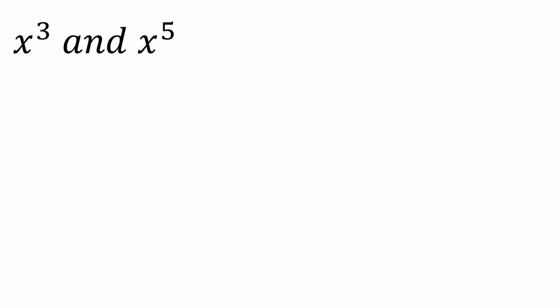Okay, now, what if we have these expressions? How do we get the GCF of this? First, we're going to expand each expression. Now, we have the same base, so the exponent will tell us how many times the base will be used as a factor. So our base here is x, so how many times x will be used as a factor? Just look at the exponent.